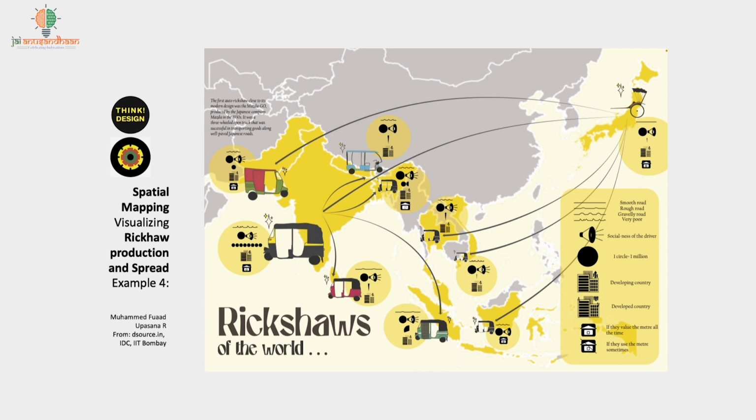It's used in Sri Lanka, it's used in Nepal. So you can see that it has come from somewhere and then it goes to many places, and there's a bit of transformation in the way the auto rickshaws also look. Okay, so this is a very spatial mapping of the journey of auto rickshaws and how they are being used in different parts of the world.